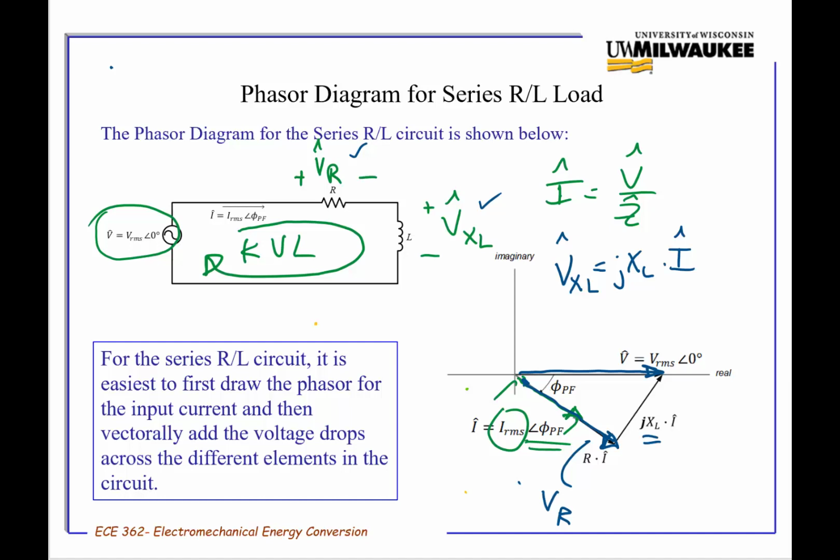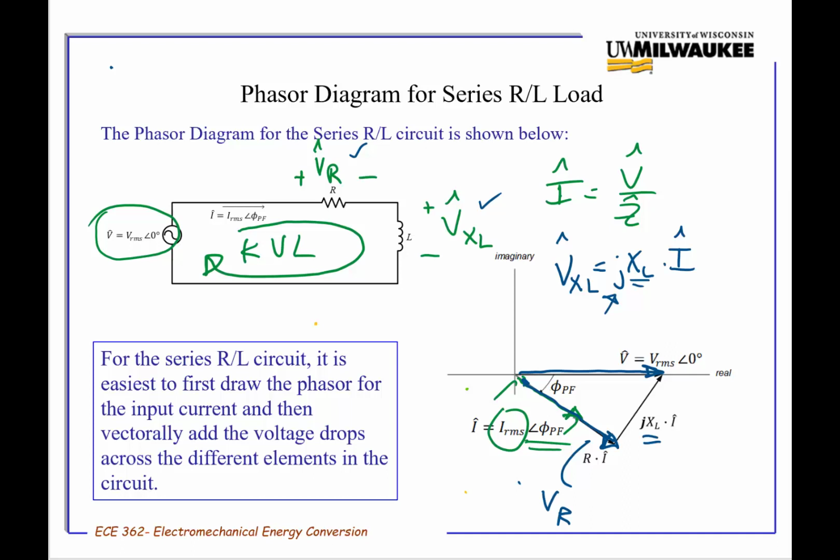Now XL is just a scalar number that we would multiply times I, and the amplitude would scale accordingly. But what j does is it changes the phase shift.